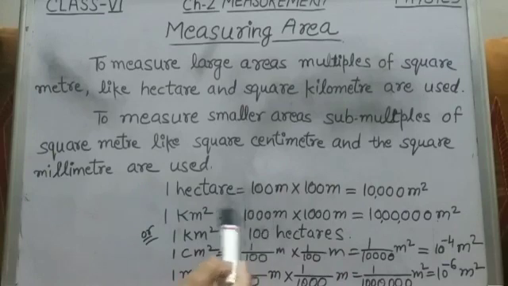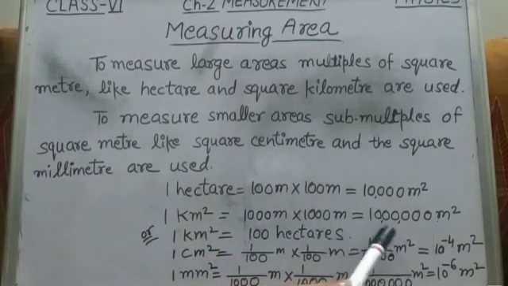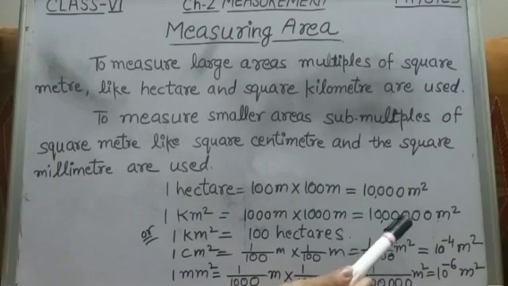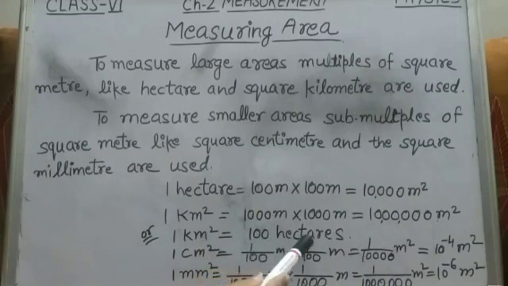Kilometer means 1000. So 1 square kilometer is equal to 1000 meter into 1000 meter. This will become 10 lakh square meter, or we can say 1 square kilometer is equal to 100 hectares. Now sub-multiples like square centimeter.